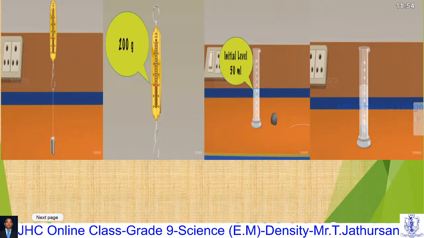Alright, next. Now we have to find out the density of an iron rod. So use a spring balance, an iron rod and a piece of twine. Tie the iron rod using the twine.